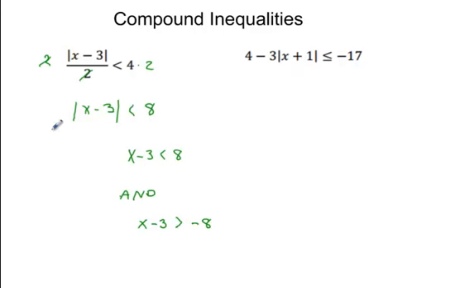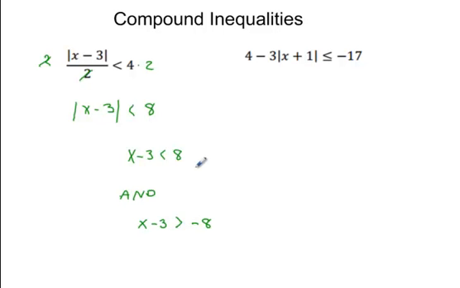It could be, well, not 8, because it's a non-inclusive boundary, but it could be 7 or 7.5 as well. It could be 7 or 6 or 5 or 0 or negative 5 or negative 6, because the absolute value of negative 6 is 6, and that is less than 8. It can go all the way down to negative 8, but it can't be any less than that. It has to be bigger than that negative 8.